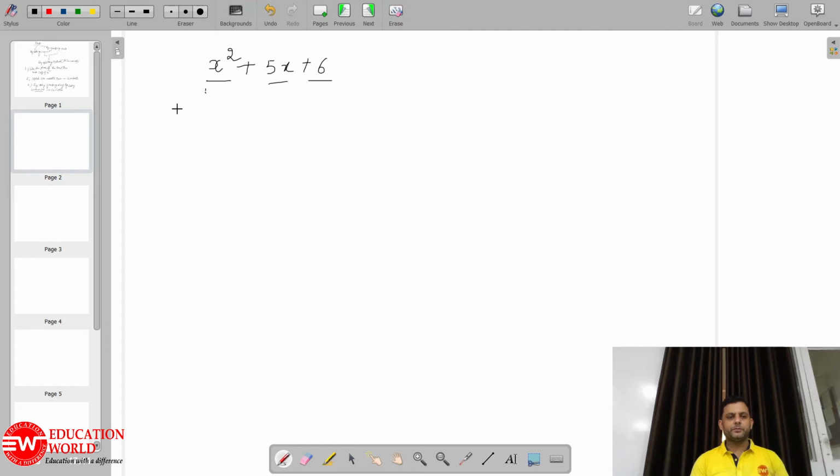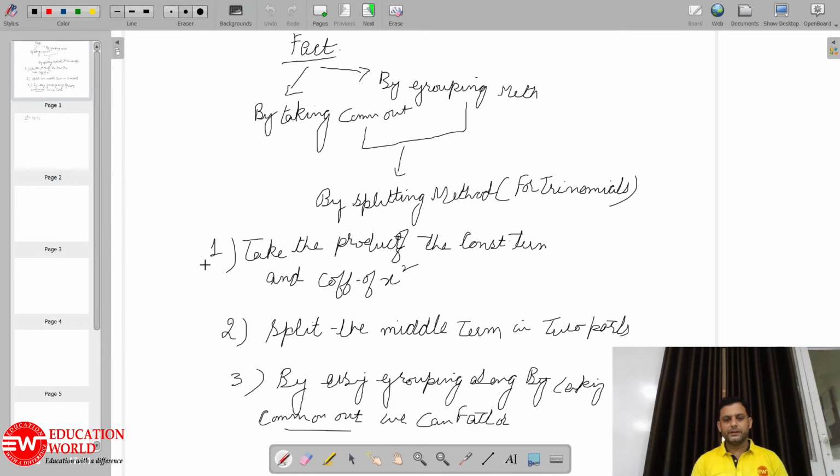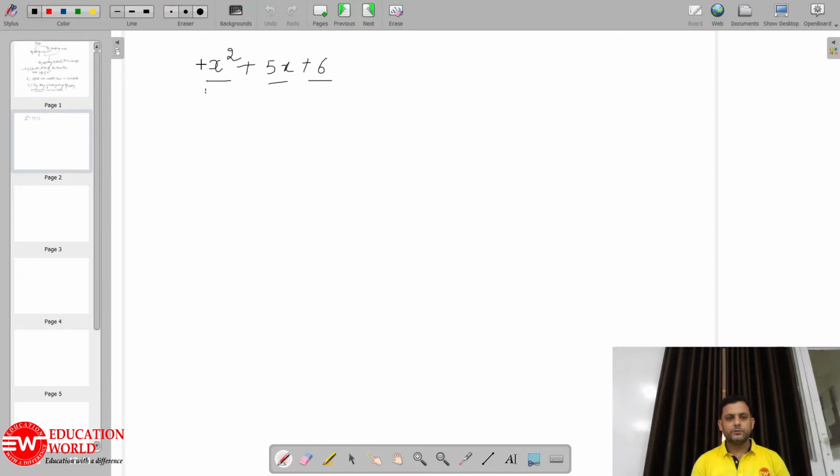Now first point you remember, take the product of the constant term and coefficient of x square. The x square coefficient is 1 and here it is positive, so the product is plus 6. Now I have to split this 6. How many ways can I split 6?